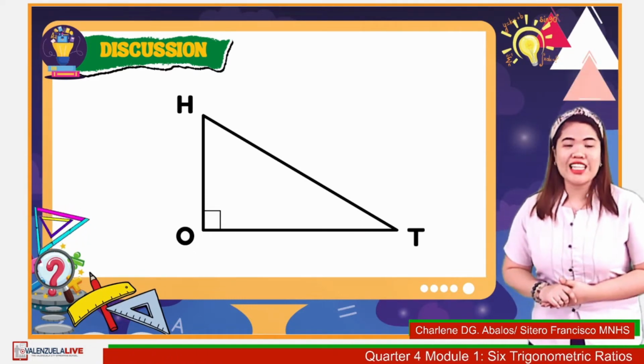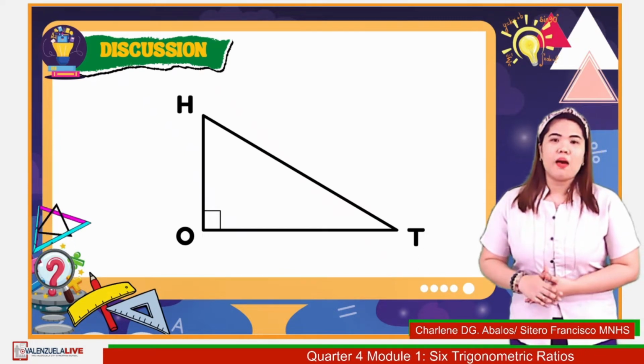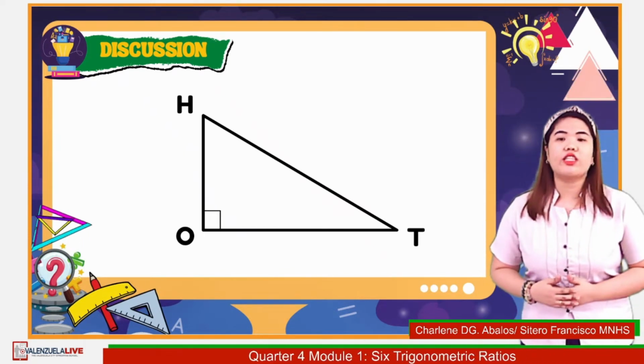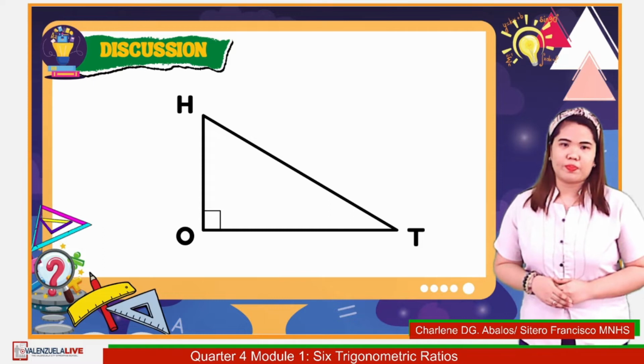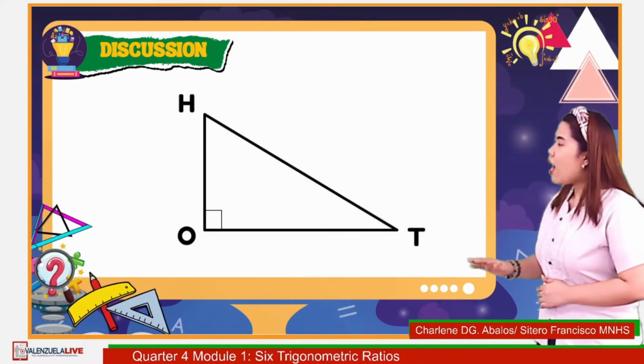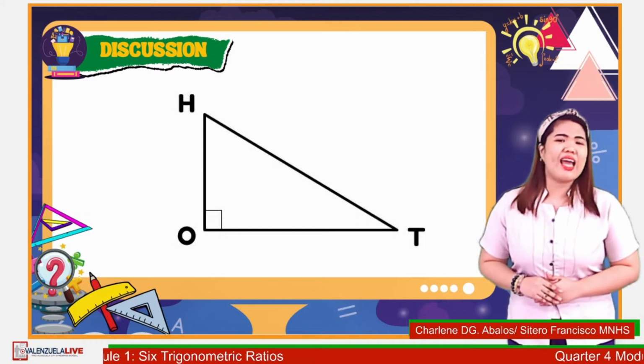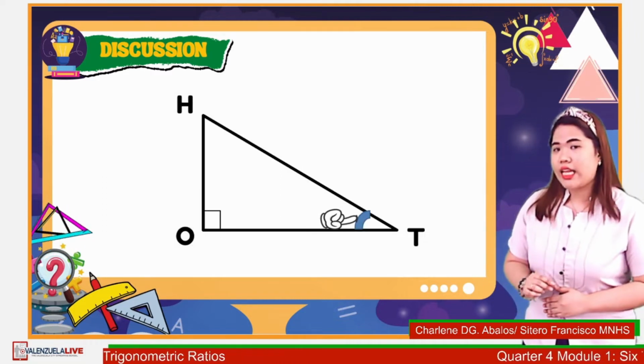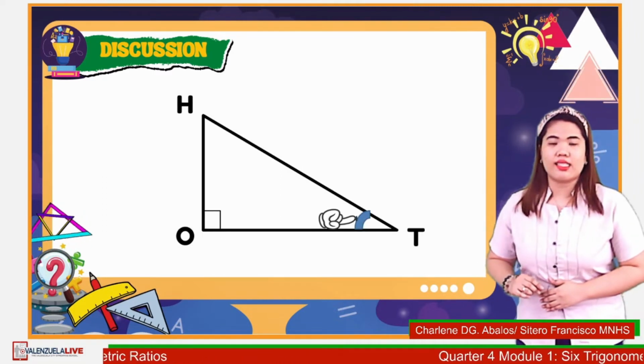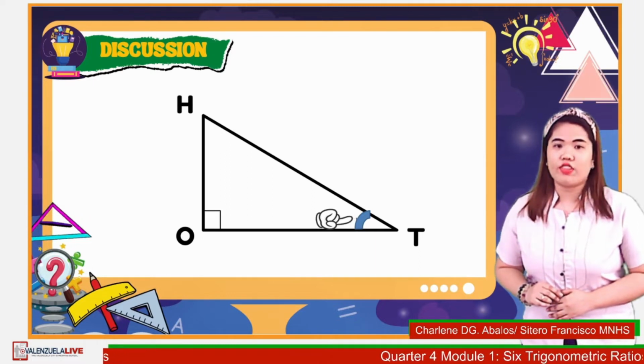Let's label the parts of this right triangle because we'll be using this in our trigonometric ratios. We have angle O as the right angle, and let's use angle T as our basis in determining the parts of the triangle.